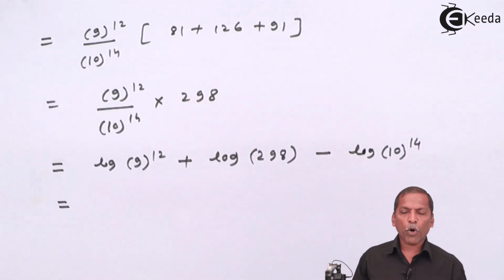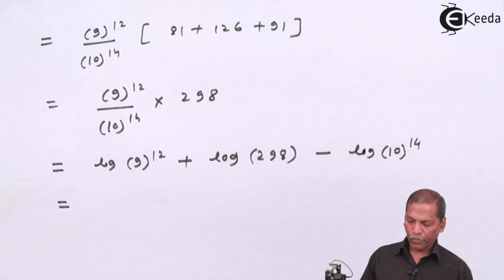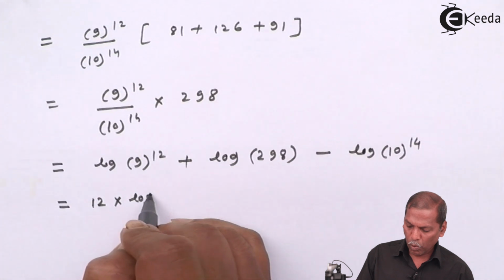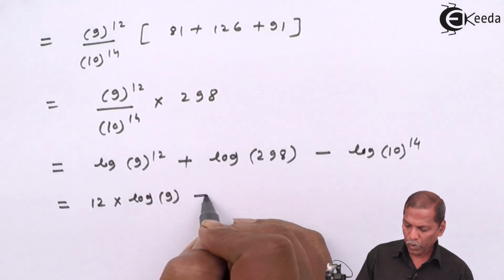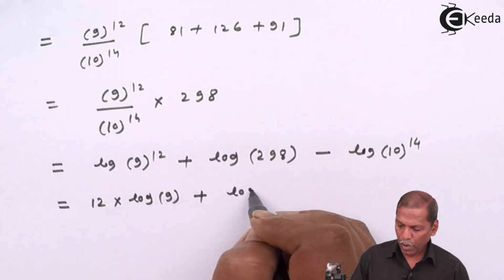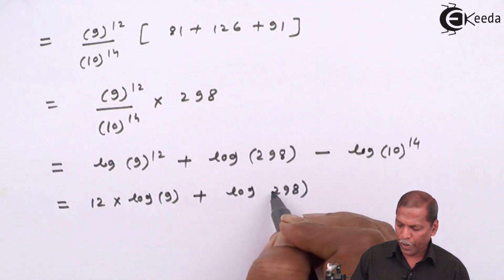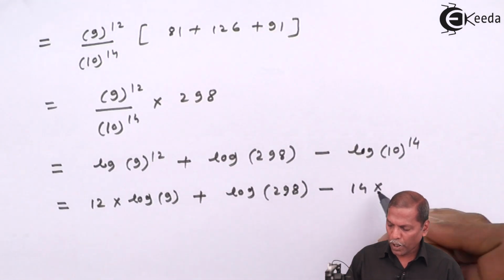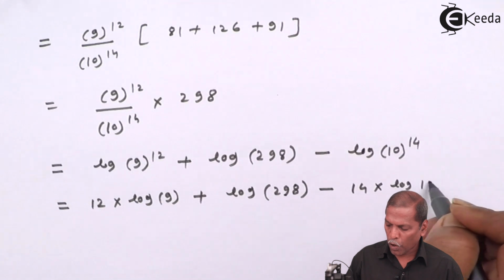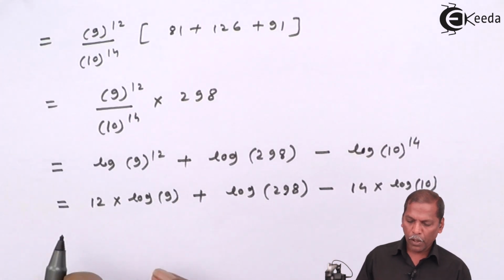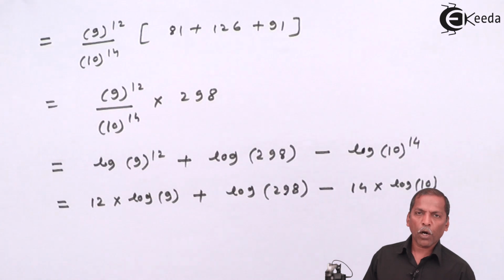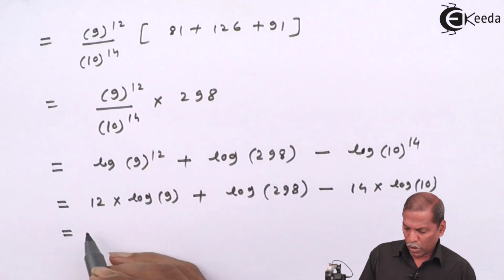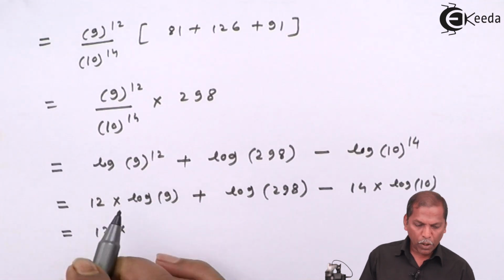By using the exponent rule of logarithm, this can be written as 12 into log of 9, plus log of 298 we write as it is, and then minus 14 into log of 10. Again here we are using the exponent law of logarithm. Then we write 12 as it is, then into.